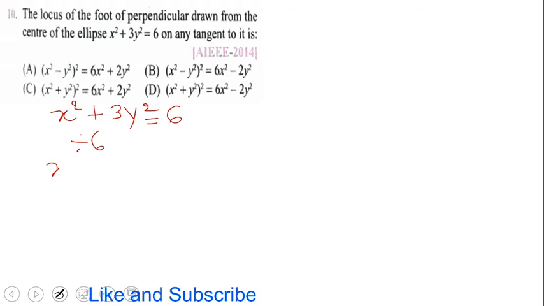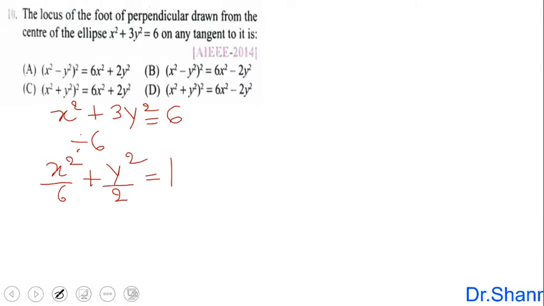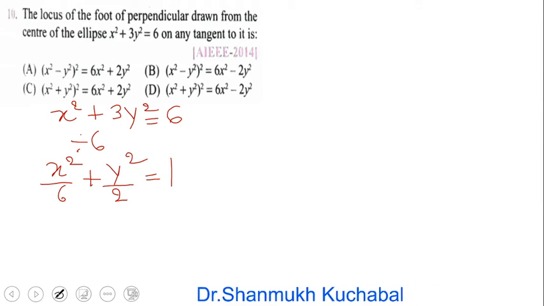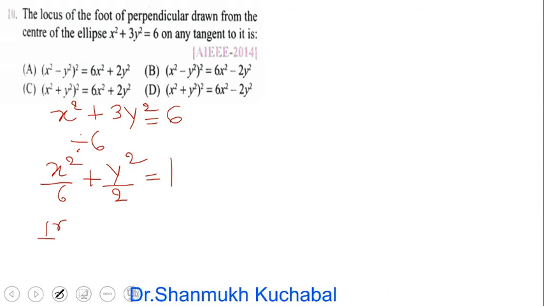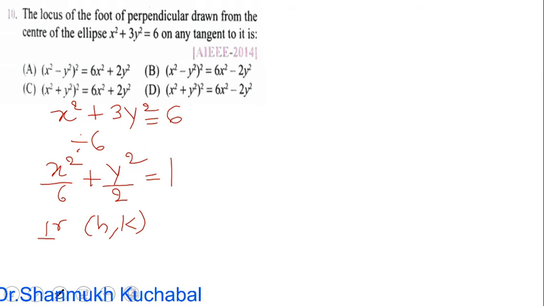So we get x square divided by 6, y square by 3 divided by 6, we get 2, and 6 by 6 we get 1. Okay, then further, the foot of the perpendicular is (h, k).